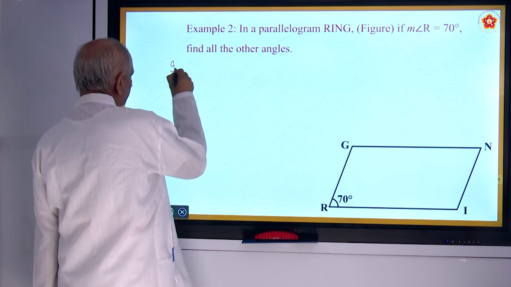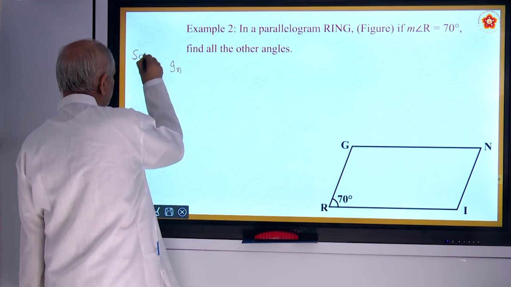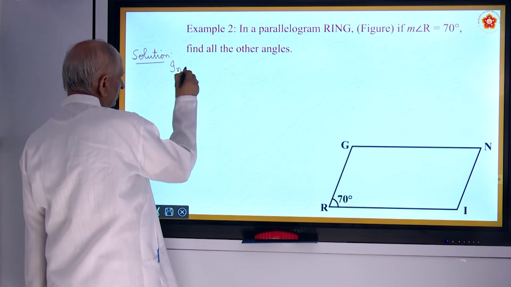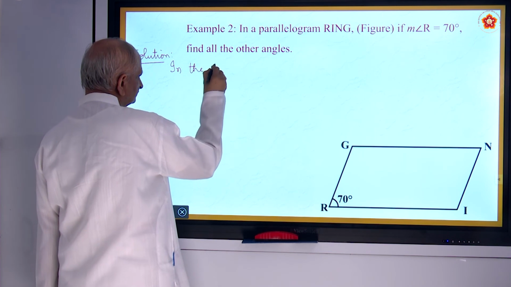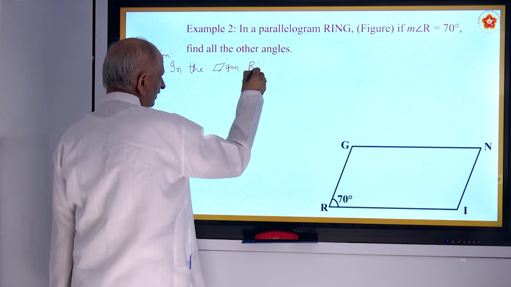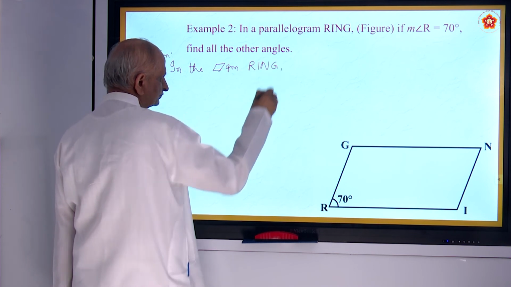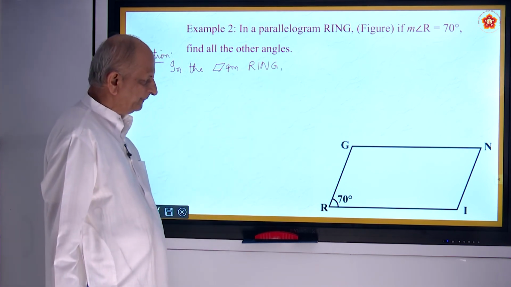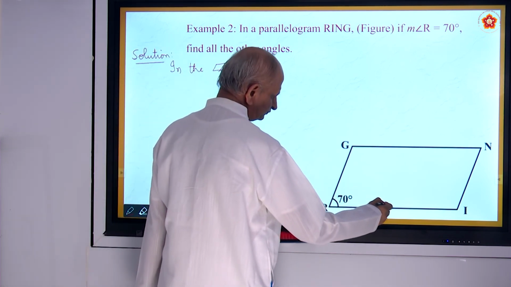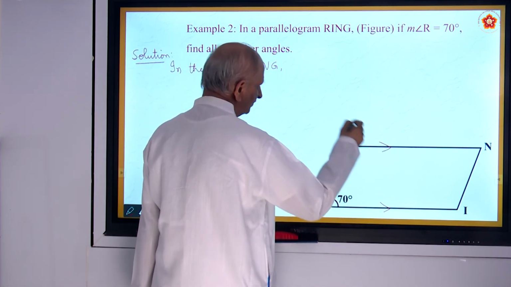So, in this, come on, so you write the heading solution. So, in the parallelogram, what is the name of the parallelogram? RING. Come on, what sides are parallel? We have RI is parallel to GN.